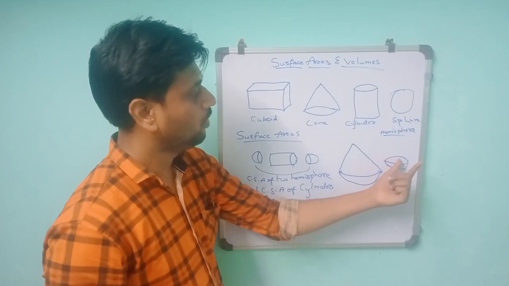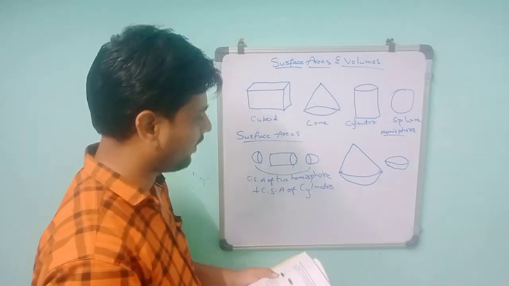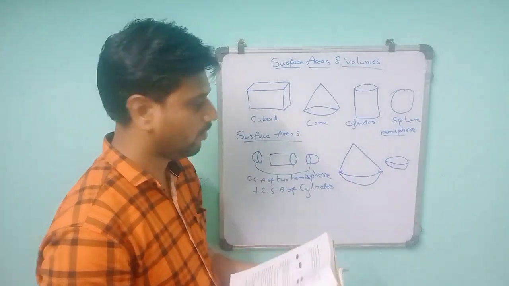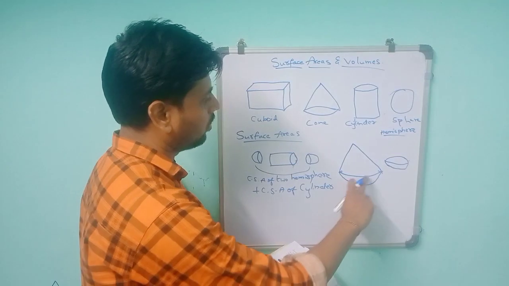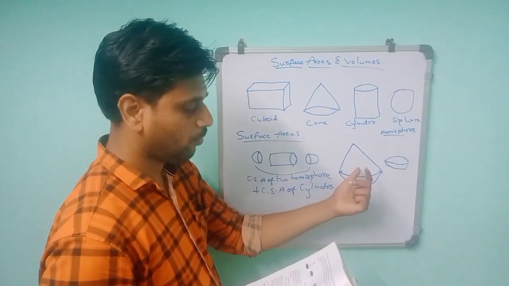When you split these two, you get the first and second diagrams, and if you combine them, you get the last image of a hemisphere and cone.